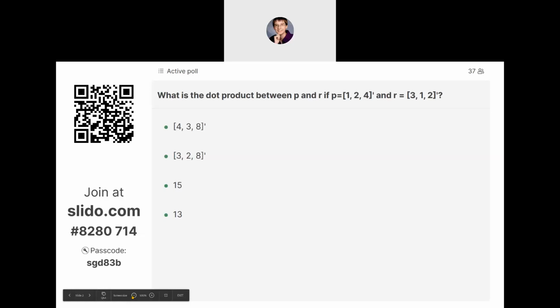If at any point you need me to zoom in, I can do that, so just give a holler.